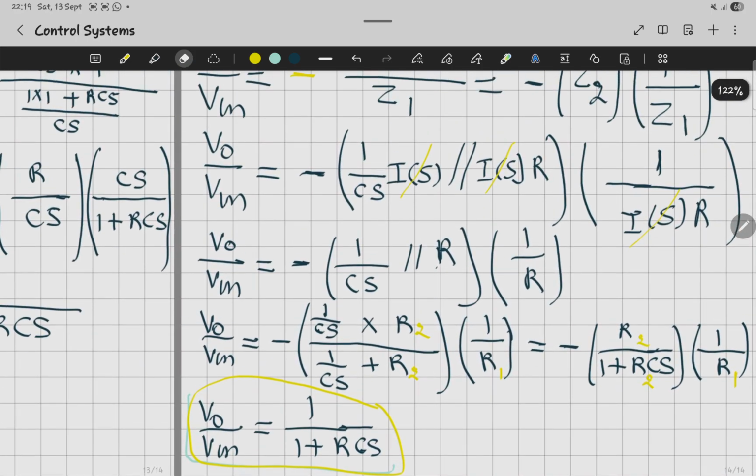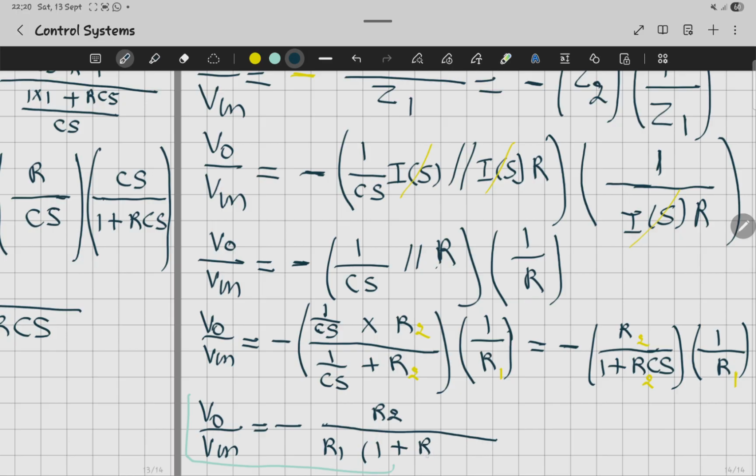It's going to remain, it's gonna be something like this: negative R2 over R1 times 1 plus R2 CS. This is what we're gonna get into this final equation.